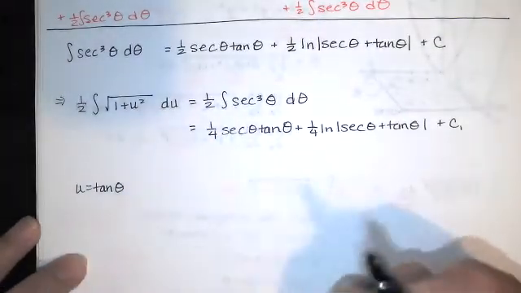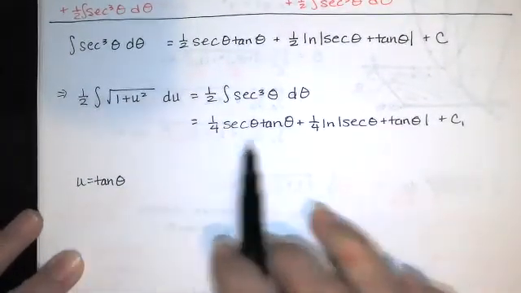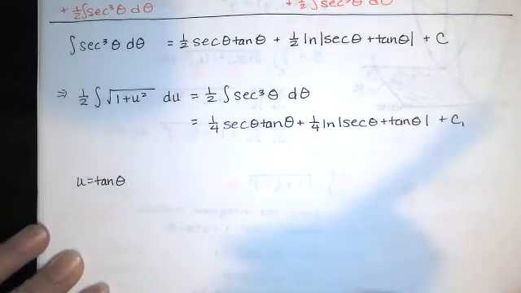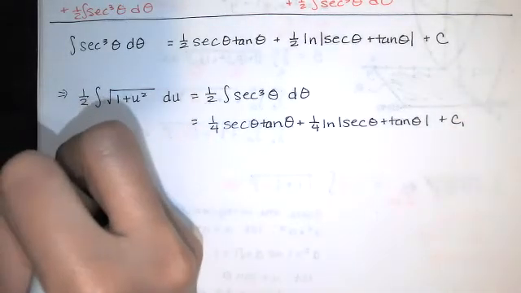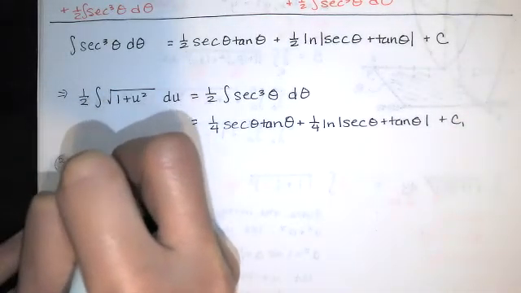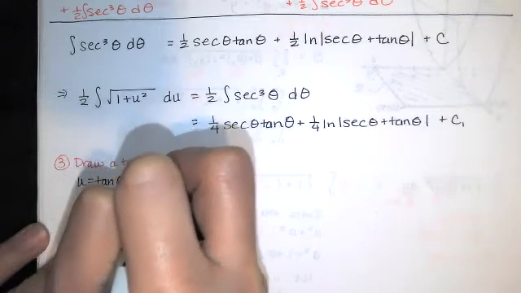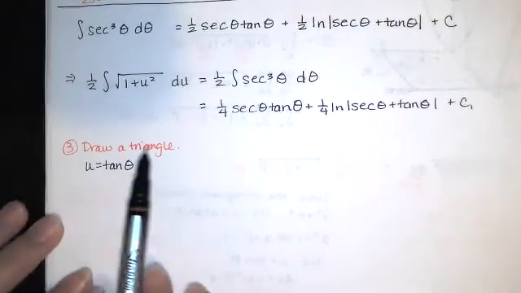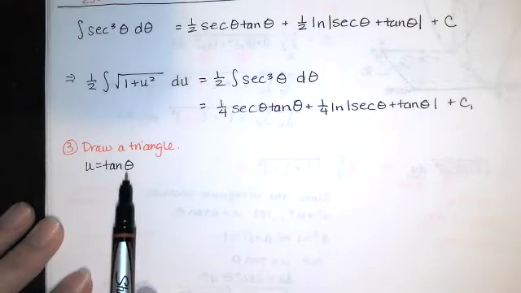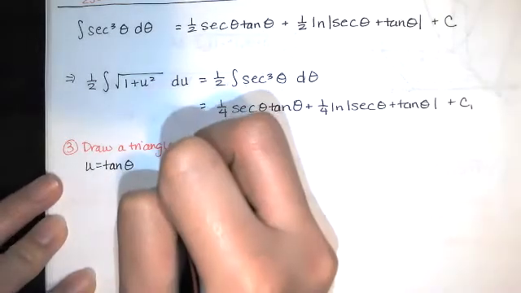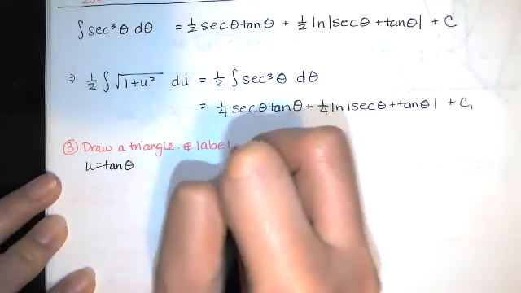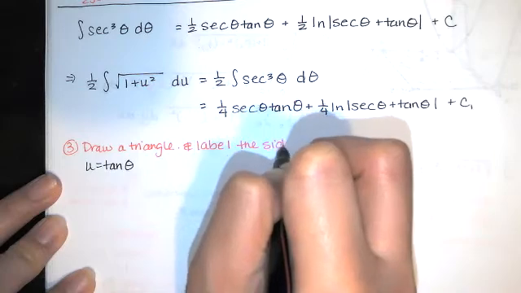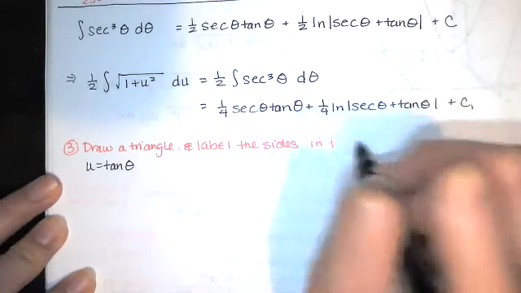So usually when we're doing a trig sub, we've got this answer and we're writing it in terms of u. In order to write this in terms of u, we're going to draw a triangle. We're going to label the sides of the triangle in terms of u. Just using right triangle trig.